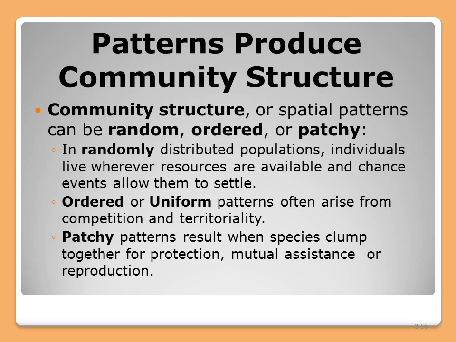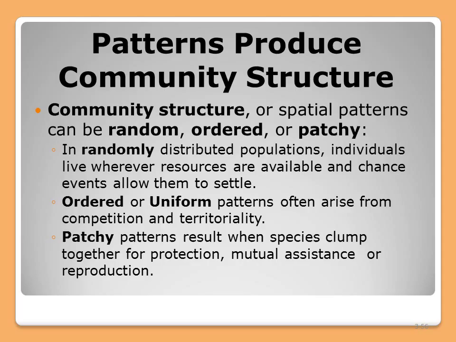Now, the individuals can be arranged in different ways within a community, and there are 3 different distribution types that we talk about: random, ordered or uniform, and patchy distribution. In randomly distributed populations, the individuals just live wherever the resources are available and wherever they happen to settle.